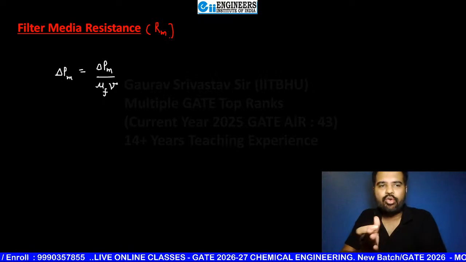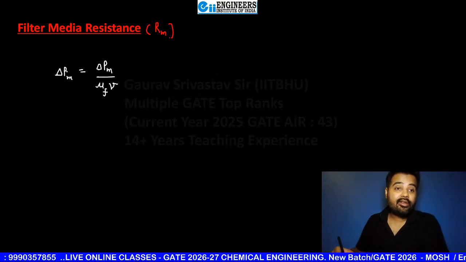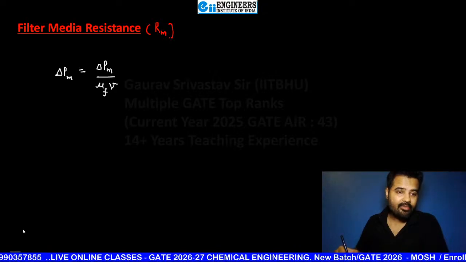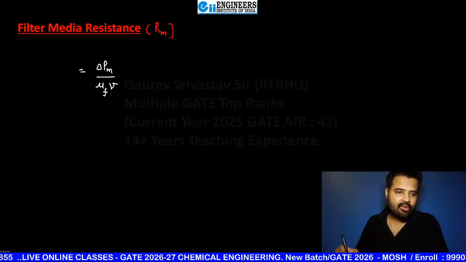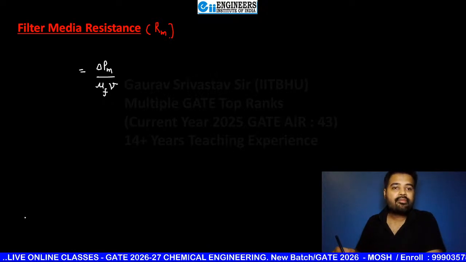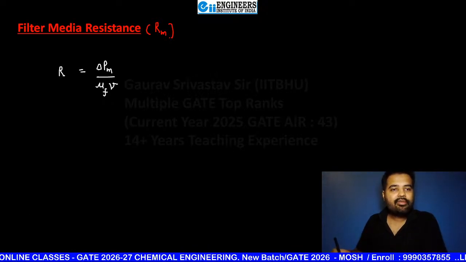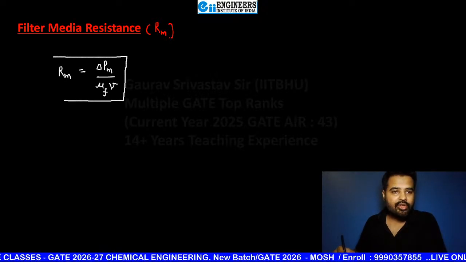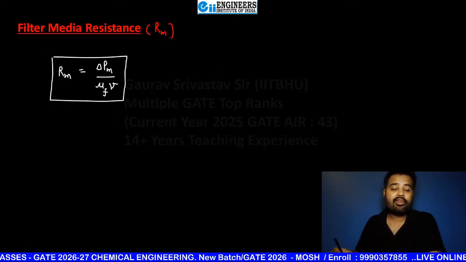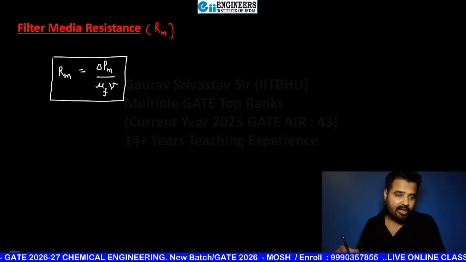In a similar manner you can write it for delta Pm. This is Rm, that is filter media resistance. And again, my dear students, you need to remember this equation for Rm. Please remember it.